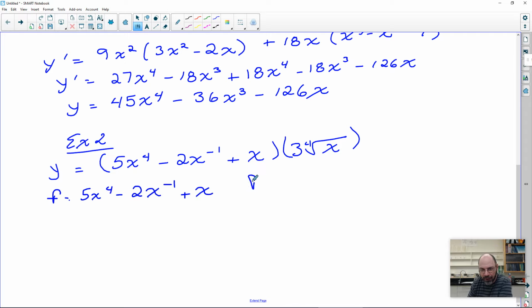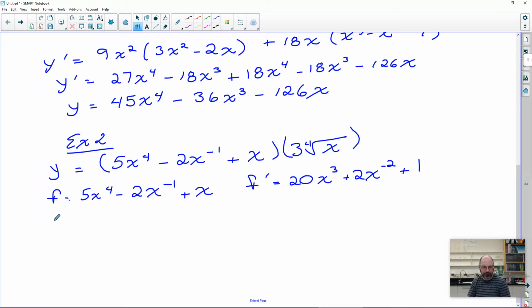So f prime then is going to equal 20x cubed. Okay, 4 times 5 is 20. 4 minus 1 is 3. And negative 2 times negative 1 is positive 2x to the negative 2. 1 minus 1 is negative 2. Plus 1. Derivative of x is just 1.